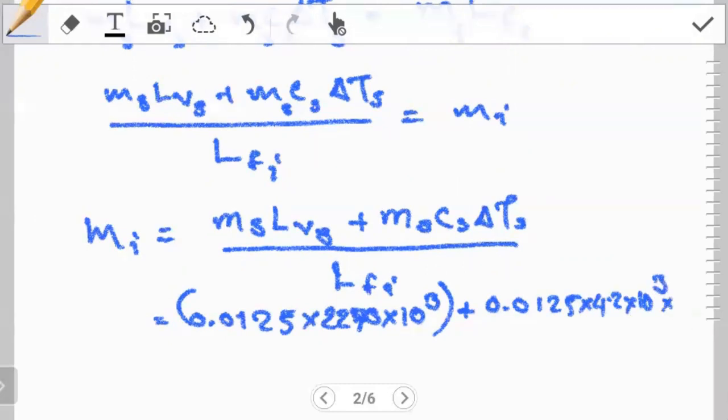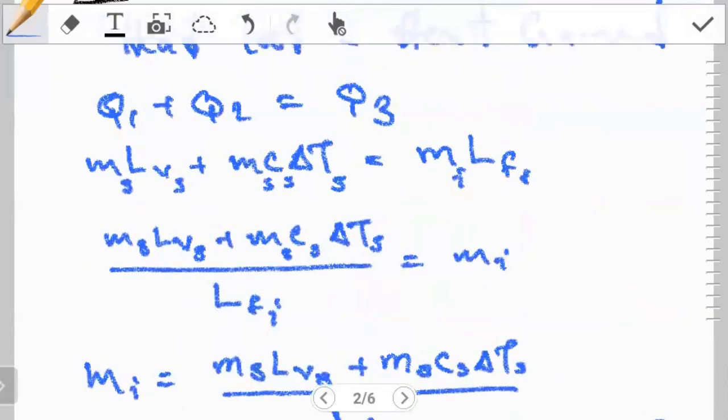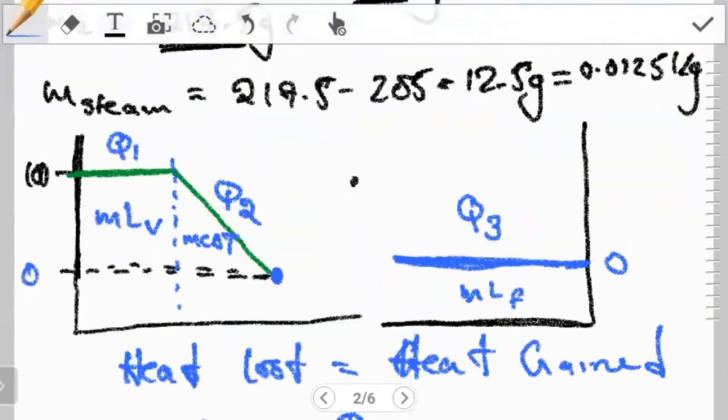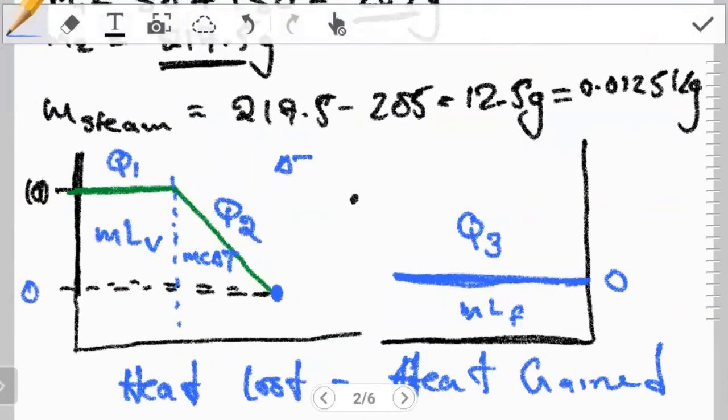Now the change in temperature, what you guys should take note of is for the steam, temperature changes from 100 to 0. So the change in temperature there is equal to the final temperature 0 minus the initial temperature, that's 100. But we're not really looking at what's what here. All we want to find is what is the change. So we see that the change here is just that whole lot, the 100. So this is what we're going to use.